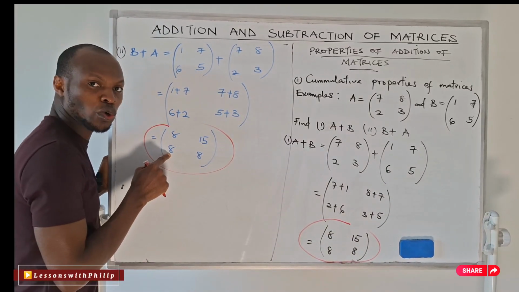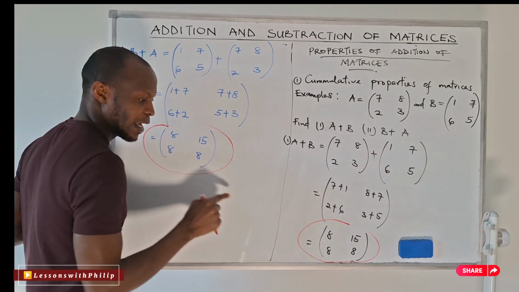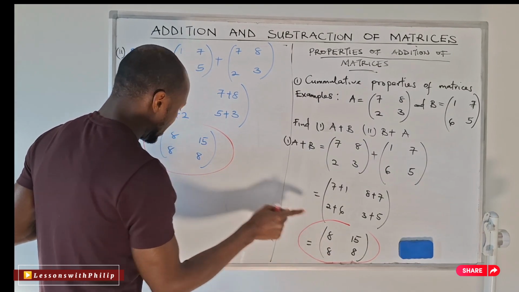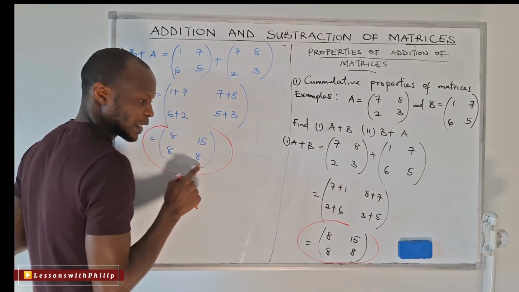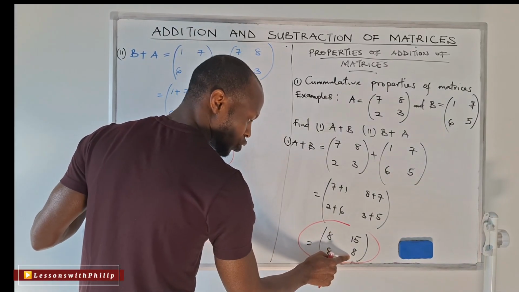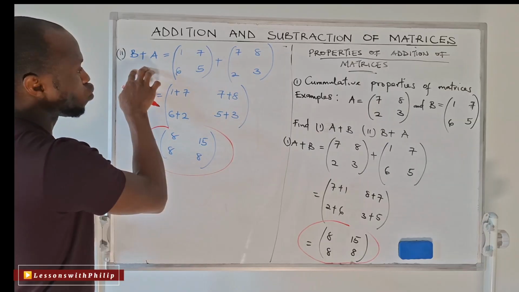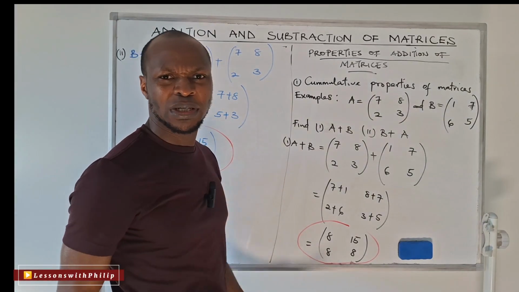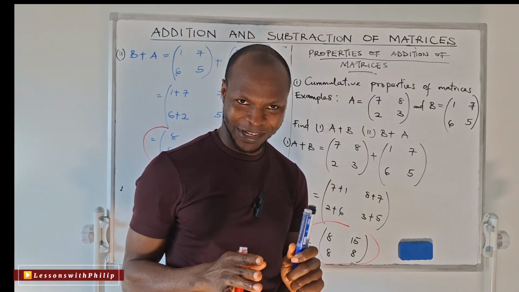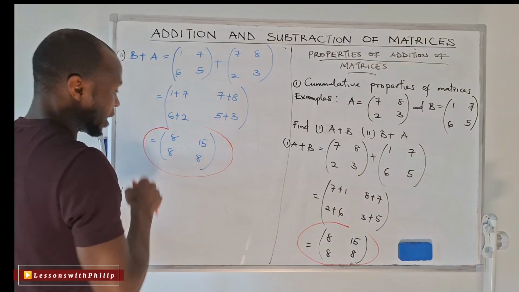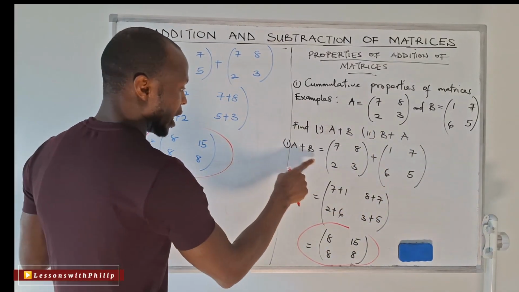Element in row 2, column 1 is 8 here and also 8. Element in row 2, column 2 is 8 in the second example too. That shows that these two matrices are equal matrices. We've done that before. Now that shows that B plus A equals A plus B.